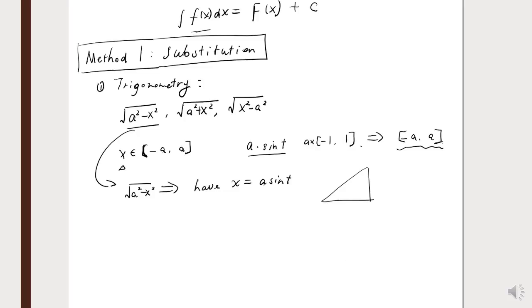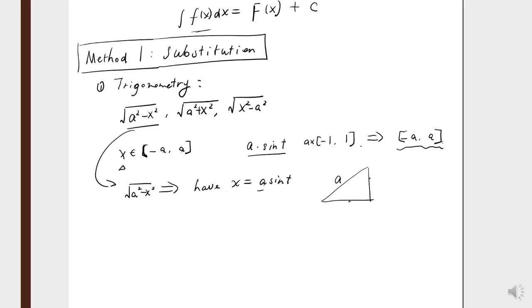Since a times sine t equals x, from your trigonometry knowledge, it's not hard to imagine a must be this, and x must be one of these sides.